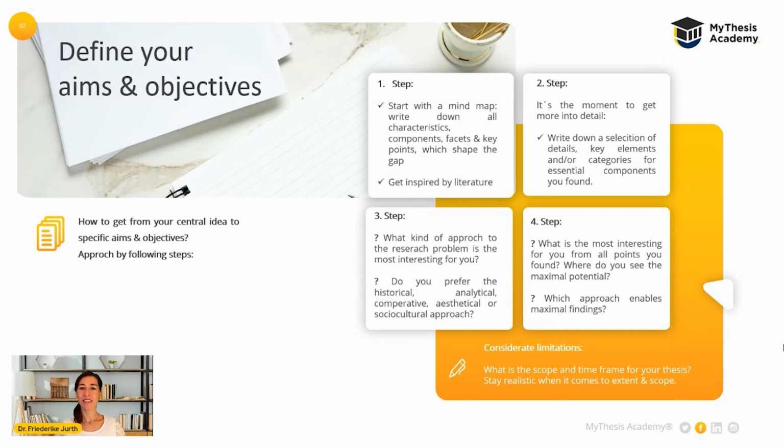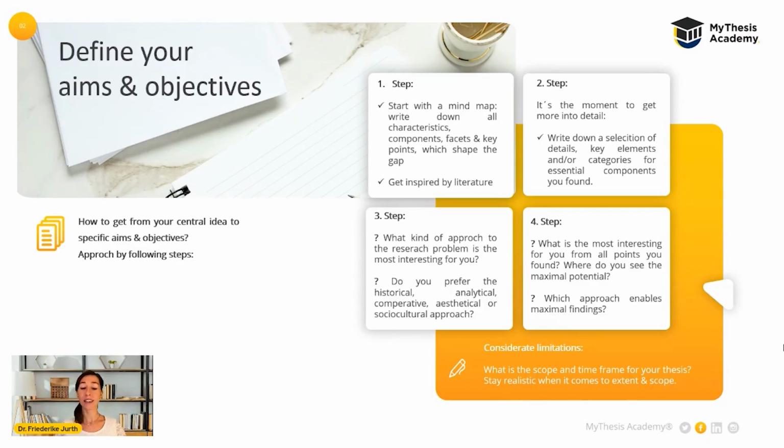Then is the moment where you get more into detail. So write down a selection of details, of key elements and categories for essential components that you found, that you made out. The third step consists of questions that you have to answer.